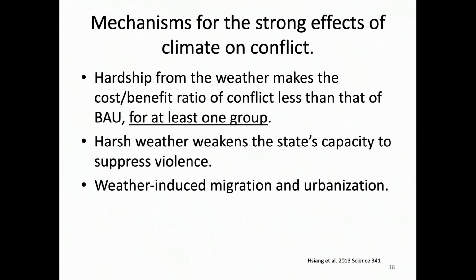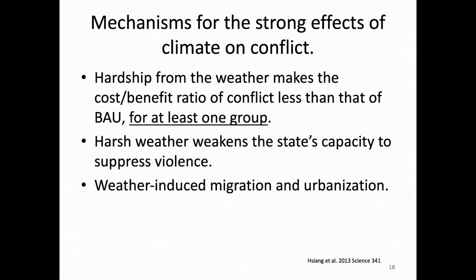I mean, I guess the only thing is the statement that it makes the cost-benefit ratio less than that of business as usual, right? That people think it's a good idea to riot, I guess. Harsh weather weakens the state's capacity to suppress violence. I think this is interesting, right? And I don't know how strong that is.